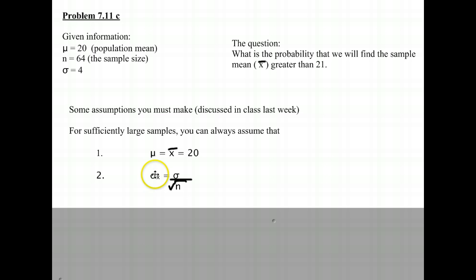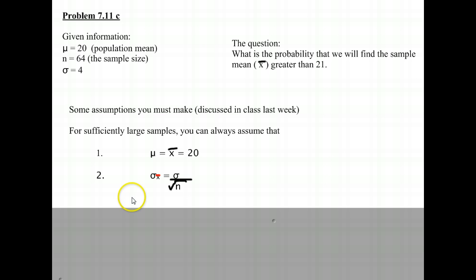Okay? Next is this. We are going to need to figure out what the standard deviation is of the sample. And so let me just make this correct here and put a little bar above the x here, just like this.